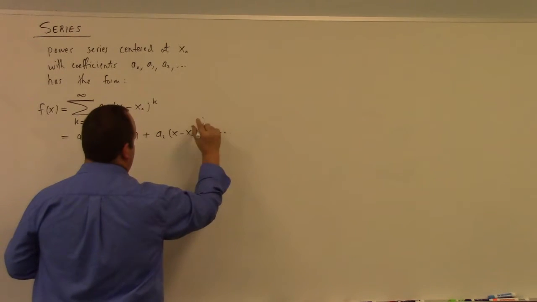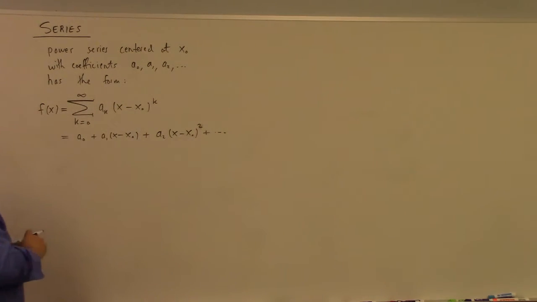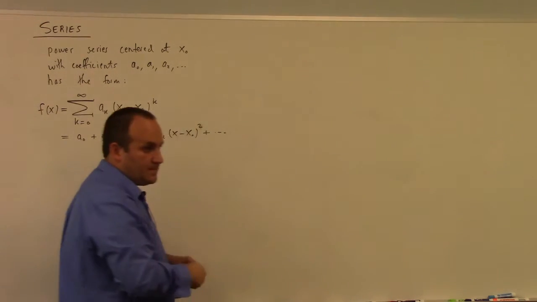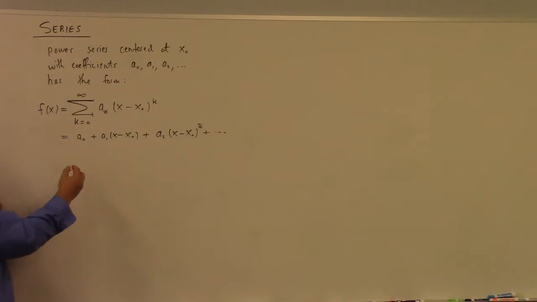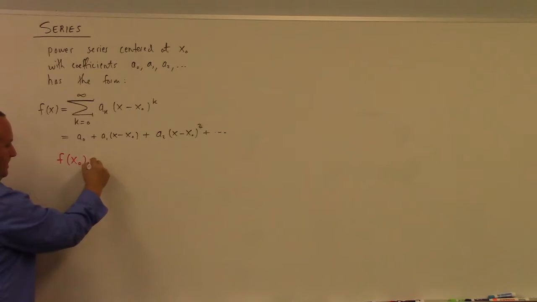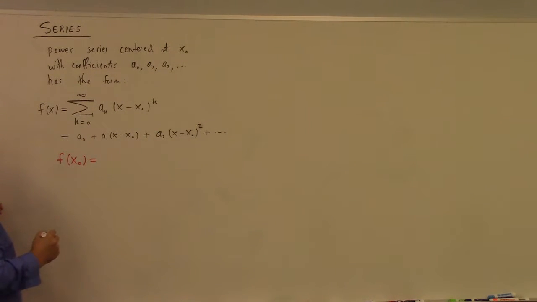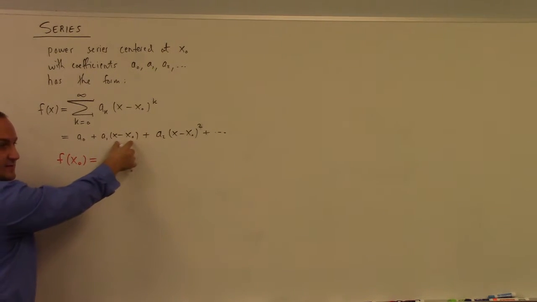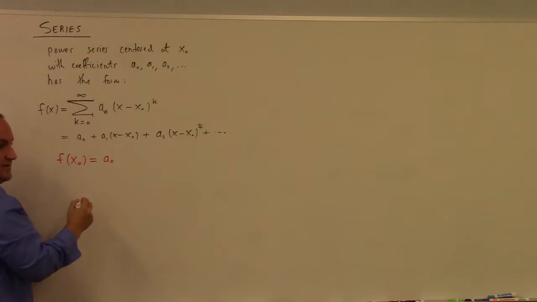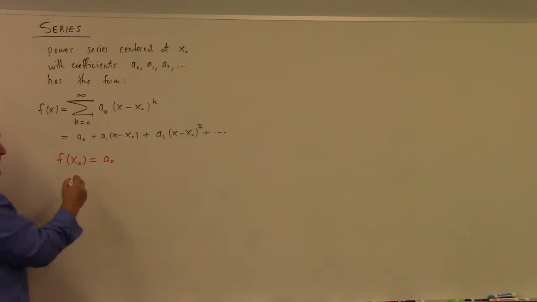So we can also express it in terms of the first 3 terms or however many terms you like. What's the significance of the coefficients? Do you guys remember? If we look at f of x naught, what's that equal to? Everything's 0 except for this thing, right? So the 0th coefficient is the value at the center of the series.